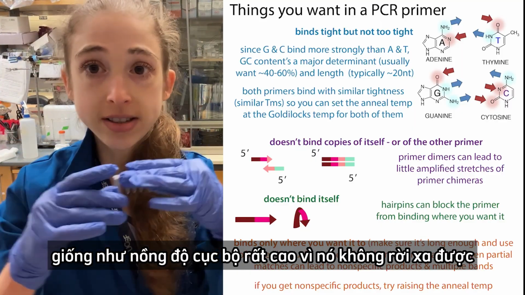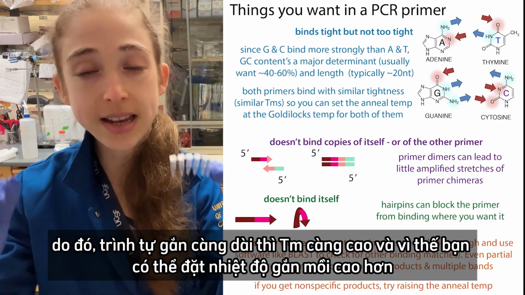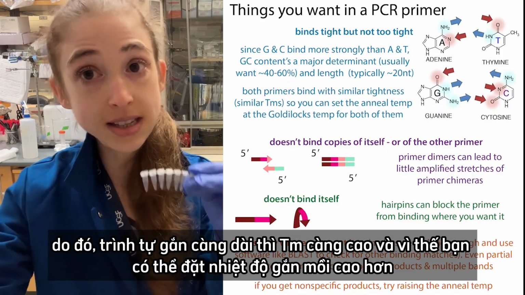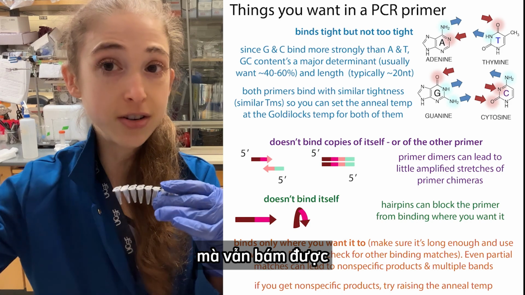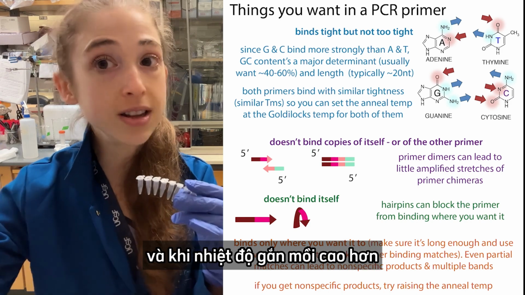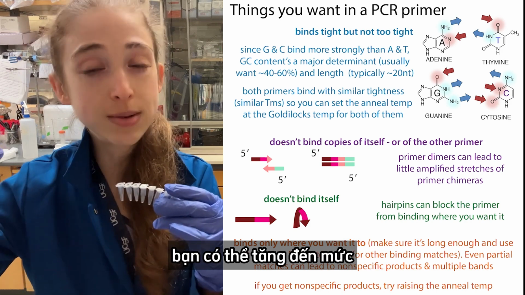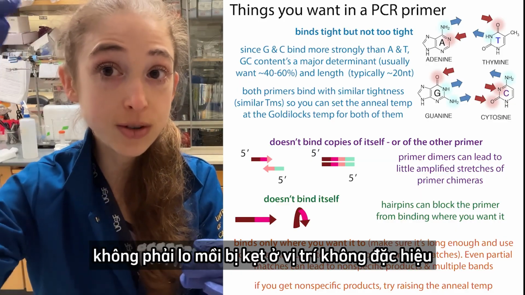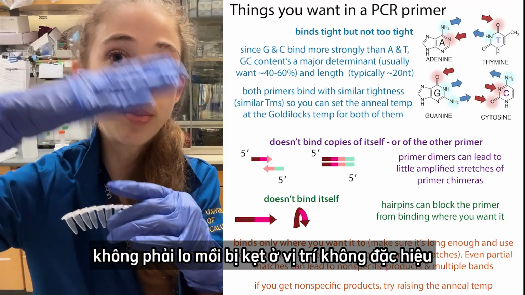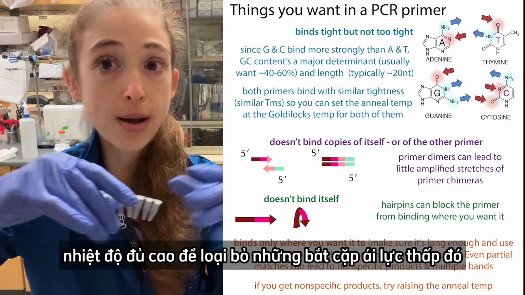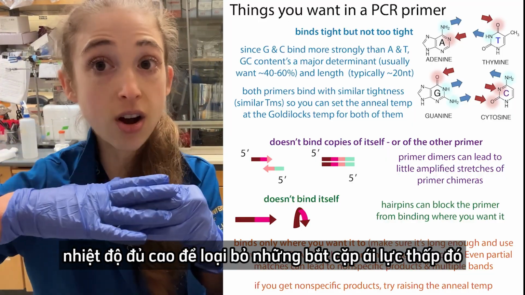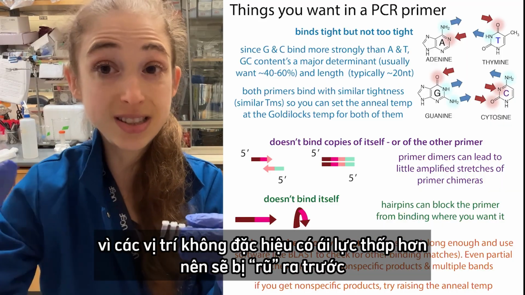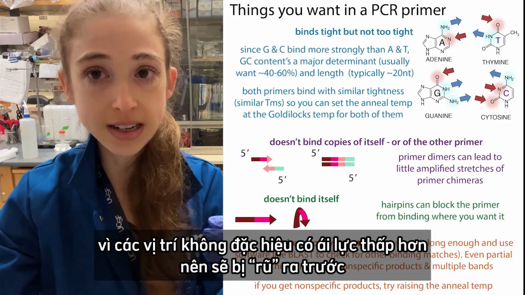And so the longer your binding sequence is, the higher the TM is going to be, and therefore the higher your annealing temperature can be. And if your annealing temperature is higher, you're going to be able to increase it to a point where you don't have to worry about the primer getting stuck on things that are non-specific, because those will have a lower affinity.